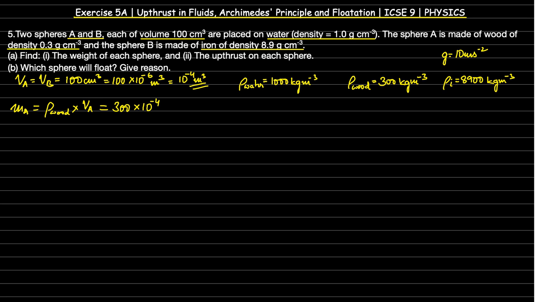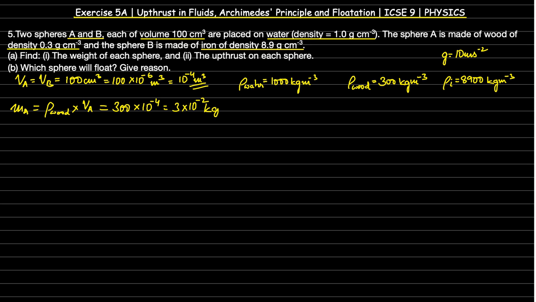So we get it as 3 into 10 to the power of minus 2, because 300 is nothing but 3 into 10 to the power of plus 2. 10 to the power of plus 2, 10 to the power of minus 4 gives us 10 to the power of minus 2, and this is going to be in kg. Now we have got MA.